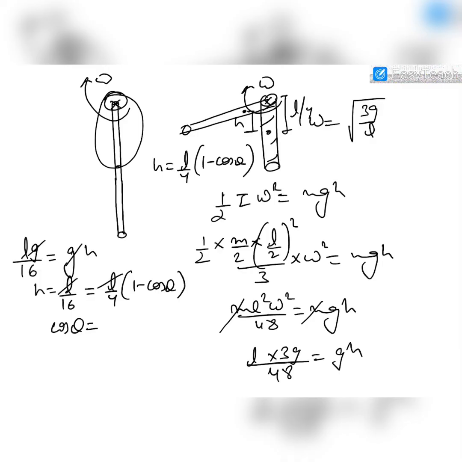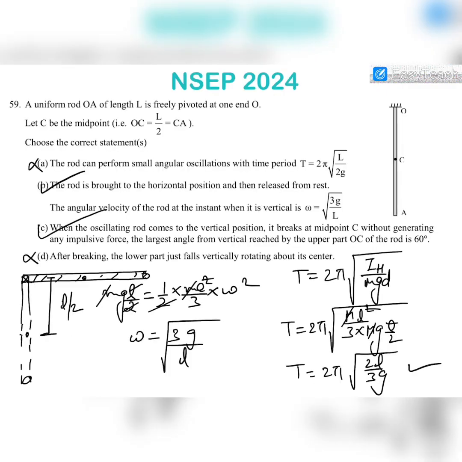We have made a little mistake: it would be m by 2 because the mass is also half, so there will be a 2, so it would be 24 and this will be 8. So cancelling L with L, cos theta is half, so theta is 60 degrees. So option C will also be a correct answer. The correct options are B and C.